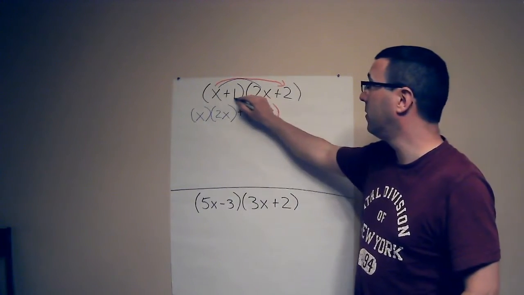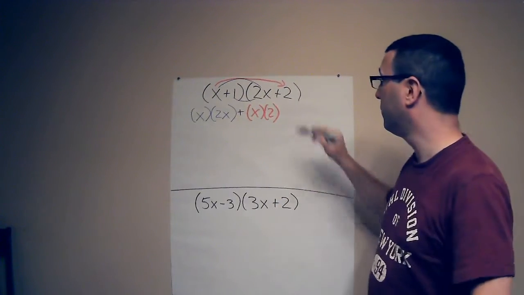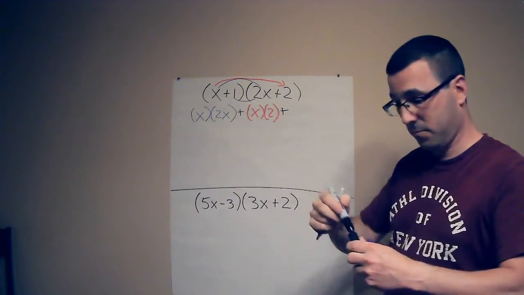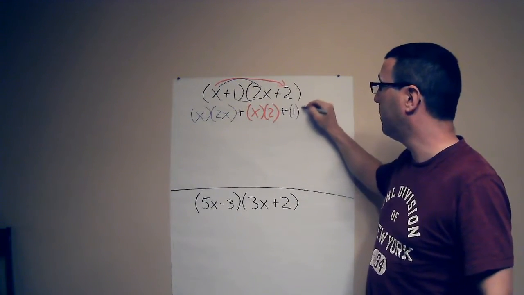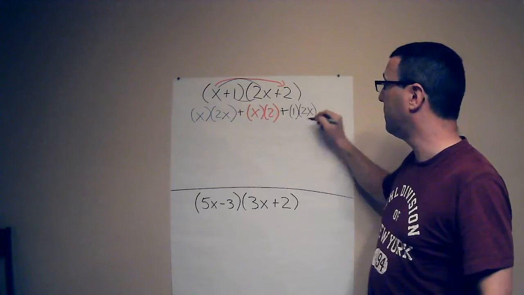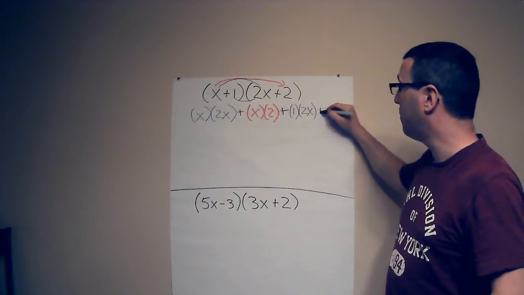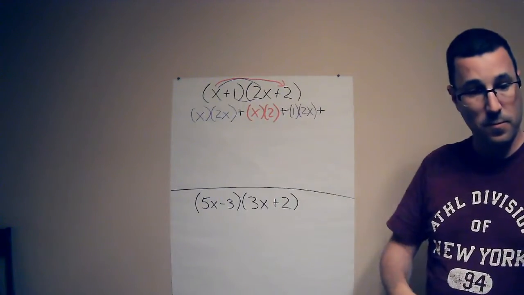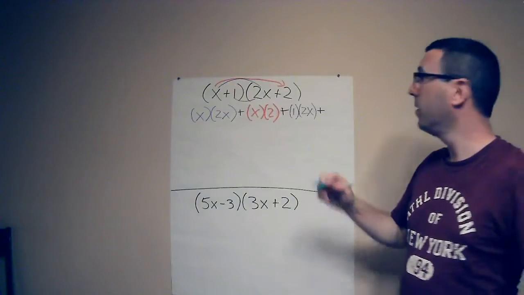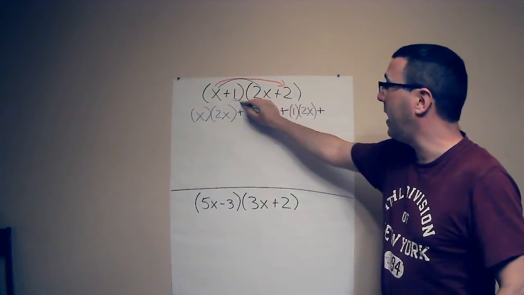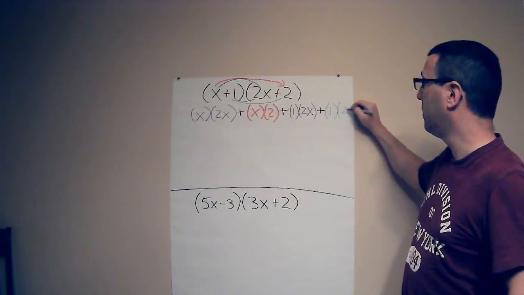Inside, 1 times 2x. And then plus, use a different green. The last is the 1 and the 2. 1 times 2.